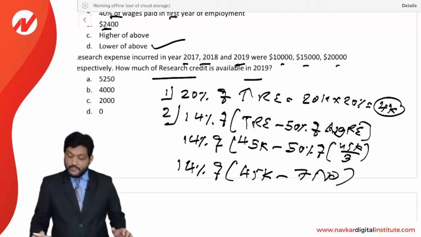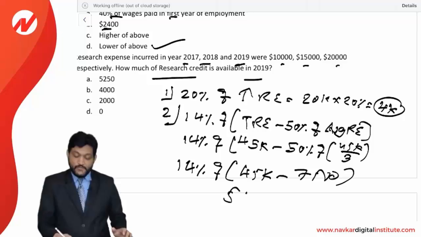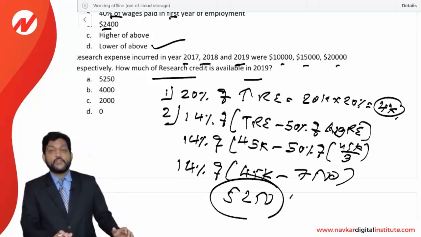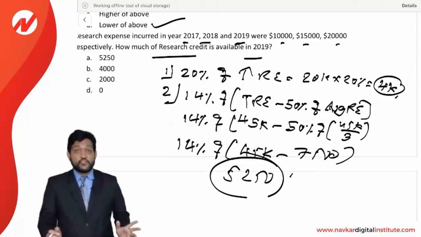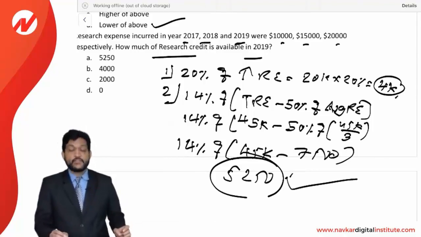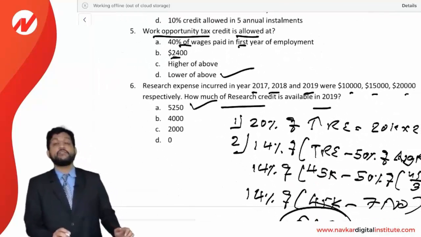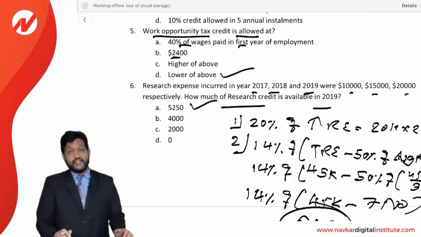So just make it 45,000 minus 7,500 into 14%. It is 5,250. So one option is 4,000, another option is 5,250. The option is given to the taxpayer, so obviously he will take the option of 5,250, where he is getting more credit. The answer is option A, 5,250. This credit will be allowed for research expense.